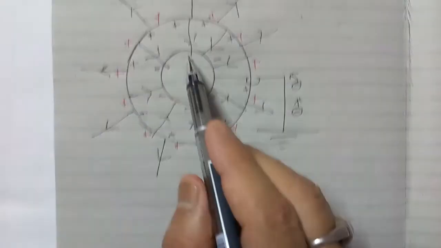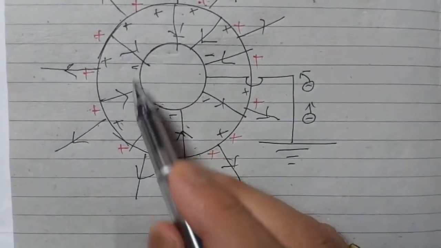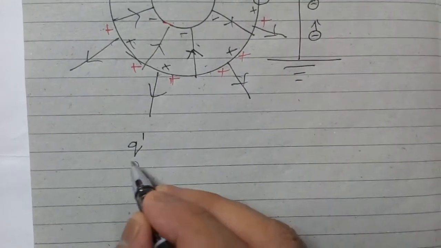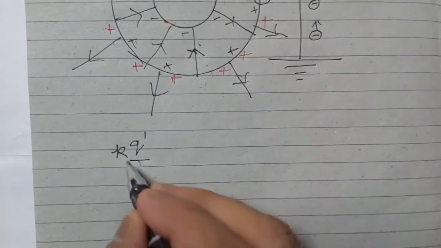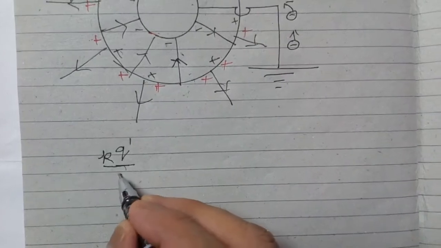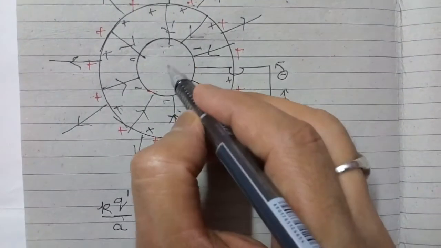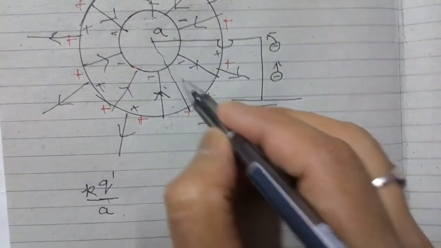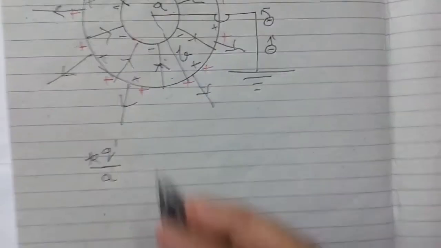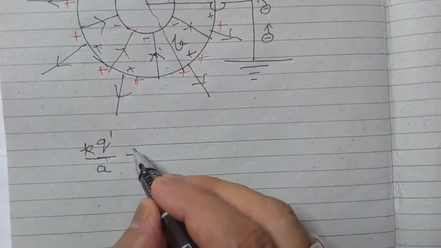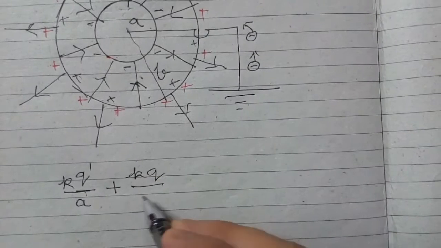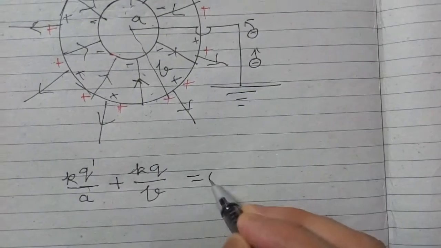So let the charge on the smaller sphere be q dash. So potential will be equal to some constant k, q dash upon its radius a, and the potential due to plus q charge, kq by b, this must be equal to 0.